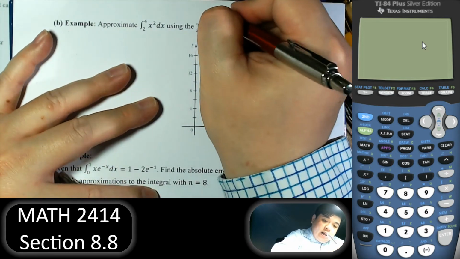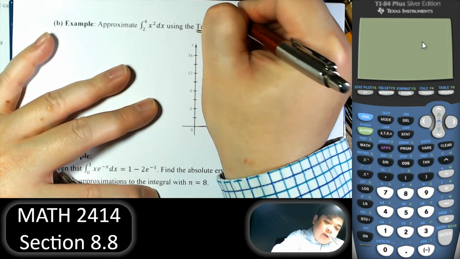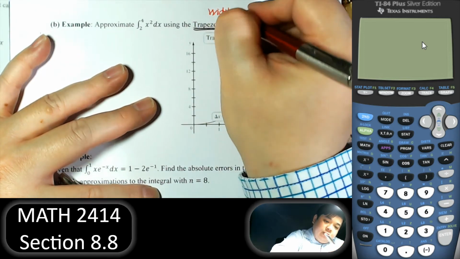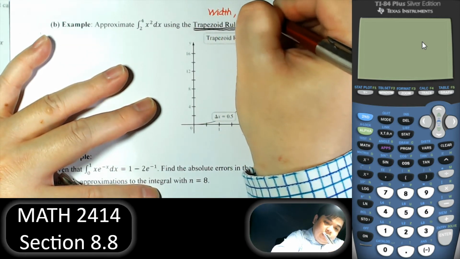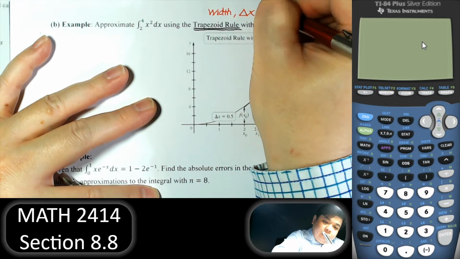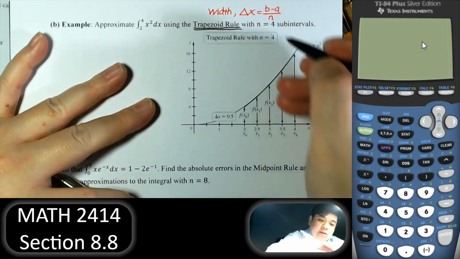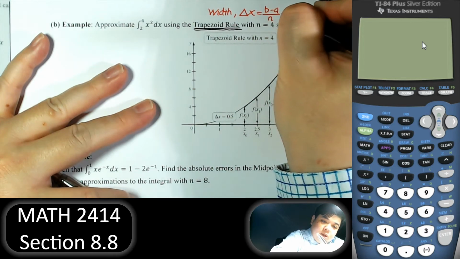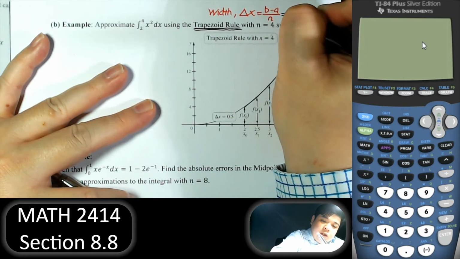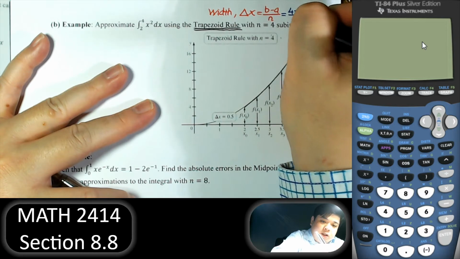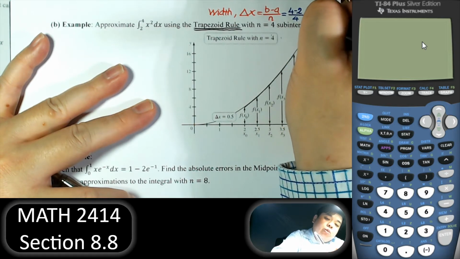So as always, the first step is to calculate the width. So we have 4 minus 2, divided by 4, that is 0.5.